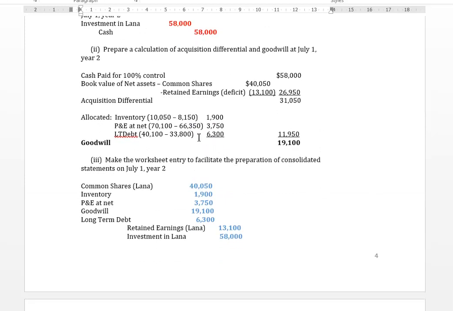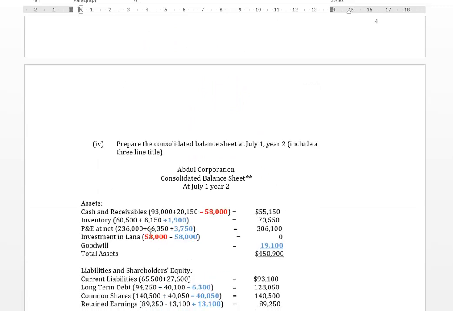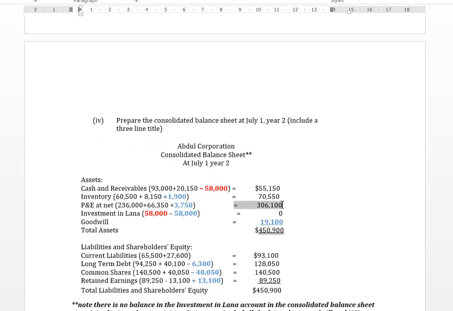We picked up the carrying value here, 66,350 plus the 3,750 for our P&E. That's going to give you again the 70,100. So now I've got 306,100 on the consolidated statement.